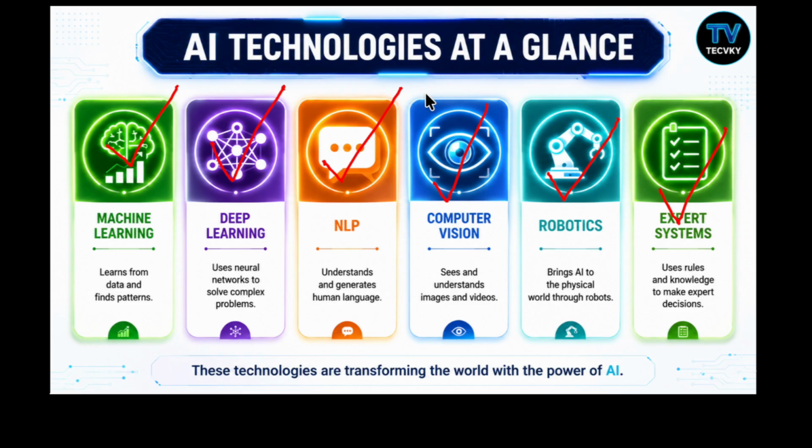While these technologies have different purposes, they often work together to create the intelligent systems we use every day. From ChatGPT and voice assistants to self-driving cars and smart robots, modern AI is built on these powerful technologies. Understanding these foundations is the first step toward understanding artificial intelligence itself.